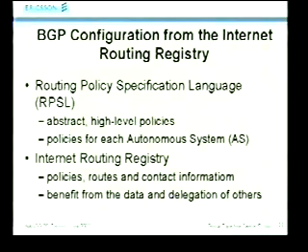When we look at this tool set later, we'll see that you can take these, well, maybe not human readable, geek readable objects, might be more accurate to describe it. That does not imply that a geek is not human, although some people argue about that, but that's for later. So the idea is you can put in your high-level policies here, yet you can also configure your routers from them. The Internet Routing Registry is routing policies, routes, and contact information, and it benefits from the data and delegation of others.